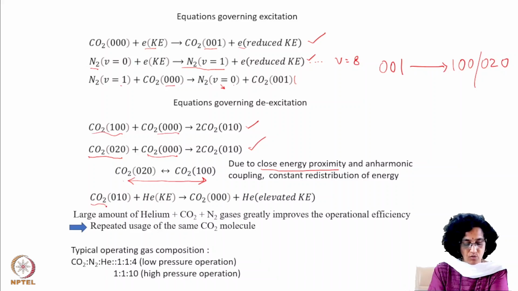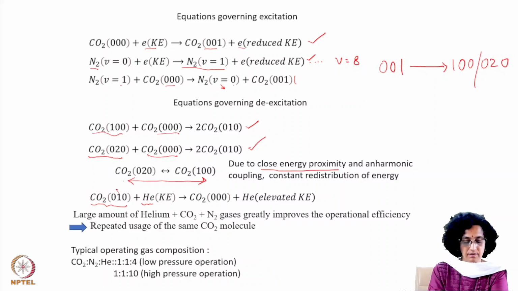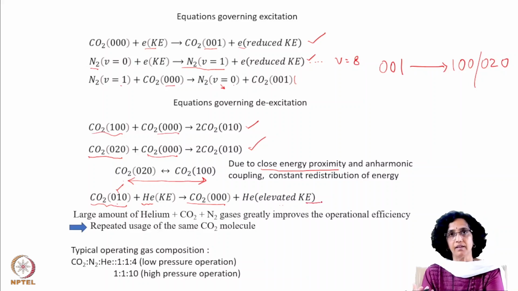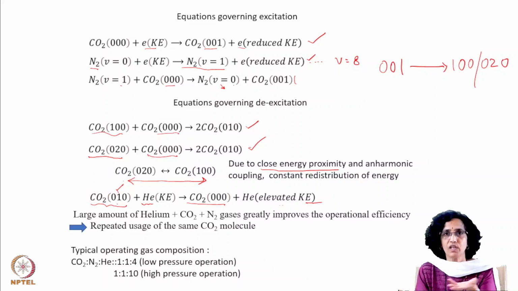Now, from 010, the helium that is added in copious amounts removes the excess bending vibrational energy and brings the molecule to the ground level, and the helium gains more kinetic energy. This helium discharges its energy into the walls of the discharge tube, from where this excess heat is conducted away by means of flowing coolant, which is chilled water or normal water, as the case may be.